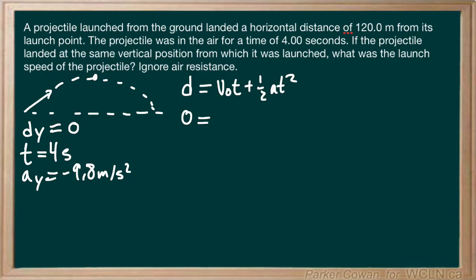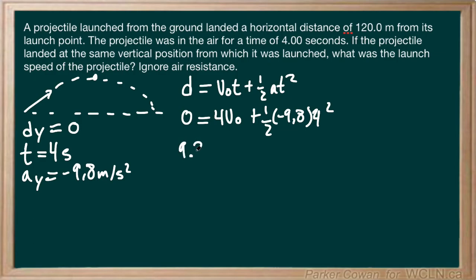So we have 0 equals 4 V0 plus 1/2 times negative 9.8 times 4 squared. To solve for V0, I'm going to move this whole term over to the left, which will make it negative, and that will cancel out this negative. So if you're wondering where those negatives went, it's because they cancel out.